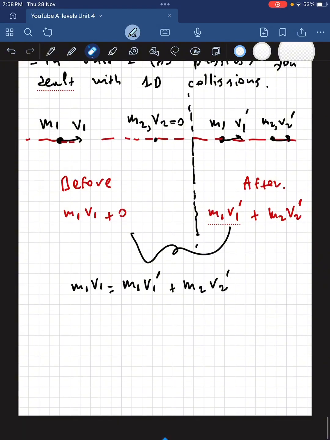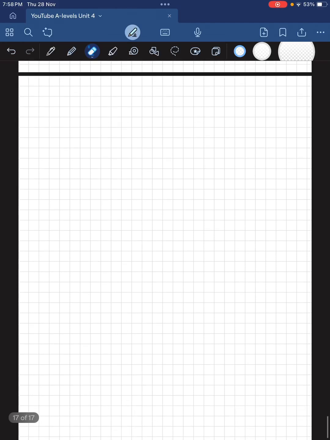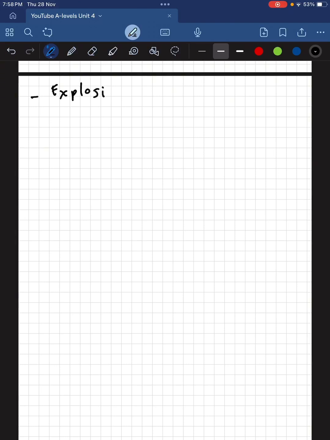Let me also do one more example from unit 1, and then we will do two-dimensional examples. The explosion example. During an explosion, what we actually have is a very curious situation. Before, let's say that we have something that explodes.